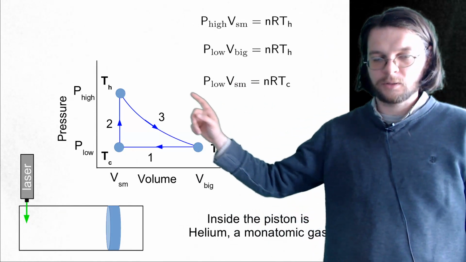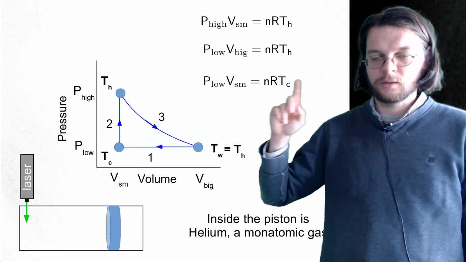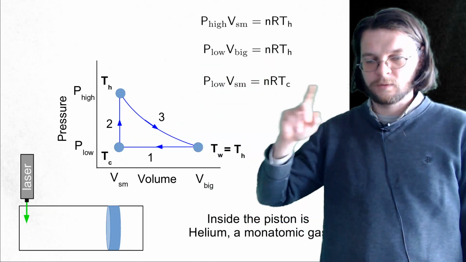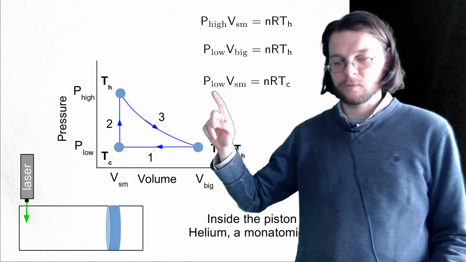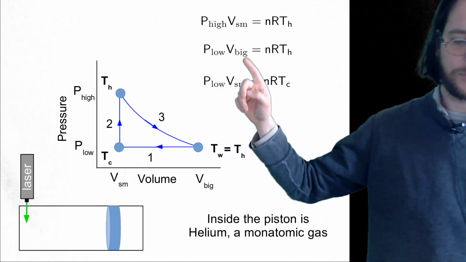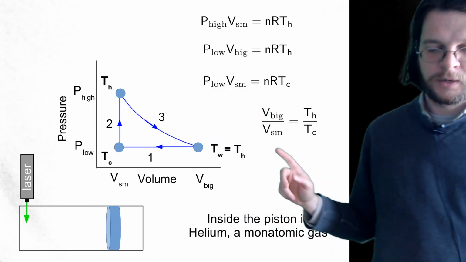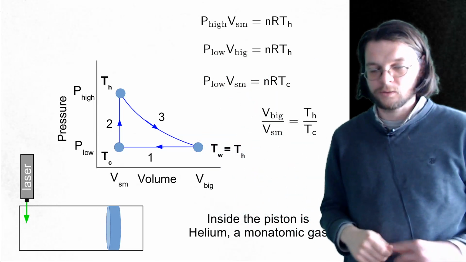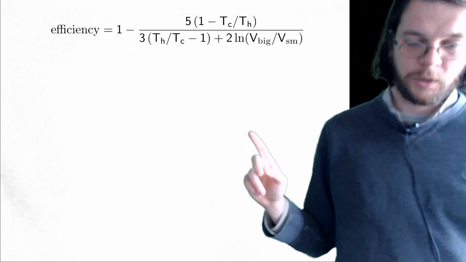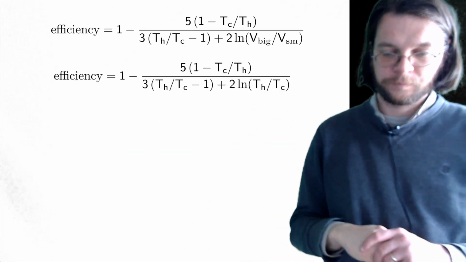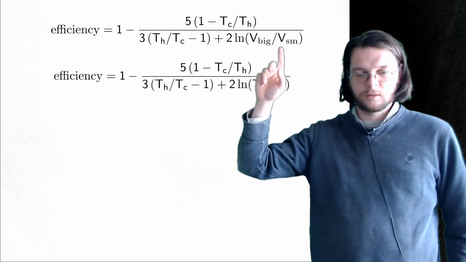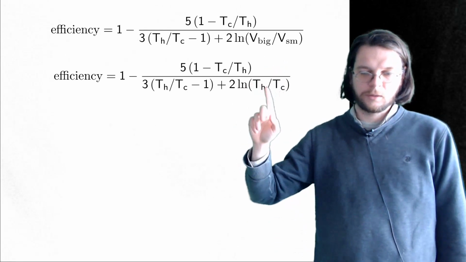I think the easiest one is to take these two expressions and just take the ratio of them, right? Because P low is the same for both of them, it tells you that the ratio of V big to V small is going to be the ratio of T hot to T cold. And so I can take our original expression like this and stick this in, because this is the only change between these two things.